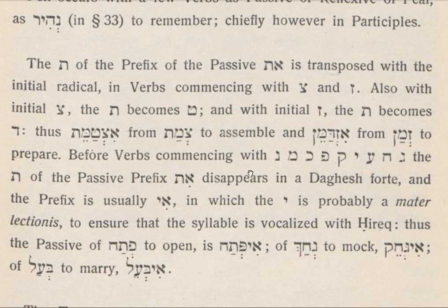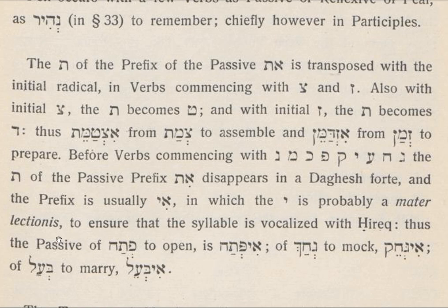Before verbs commencing with Gimel, Chet, Ngayin, Yud, Kuf, Fe, Chaf, Mem, and Nun, the taf of the passive prefix, it, disappears in a dagesh forte, and the prefix is usually e, in which the yud is probably a mater lectionis.